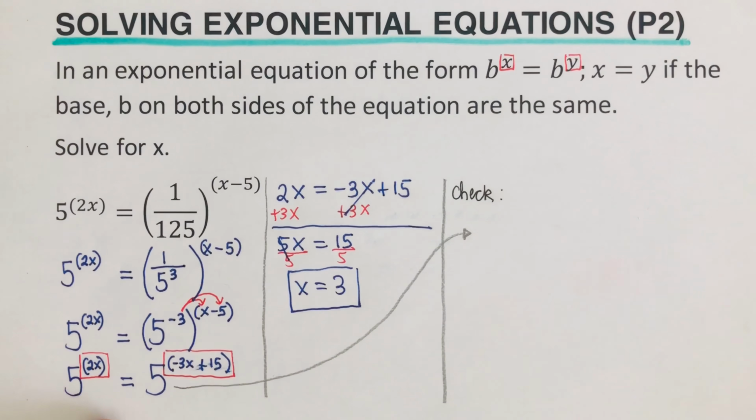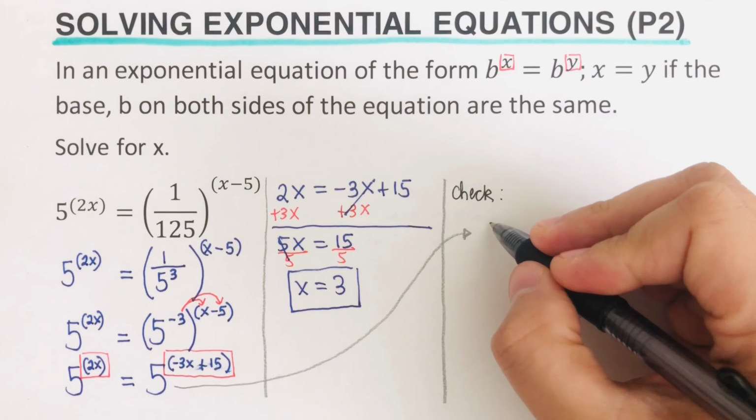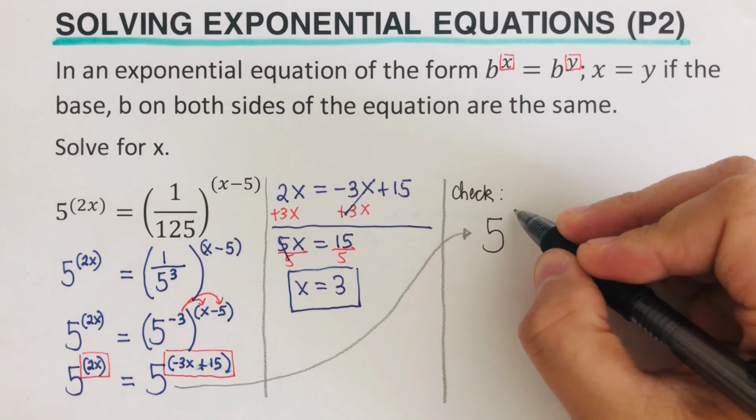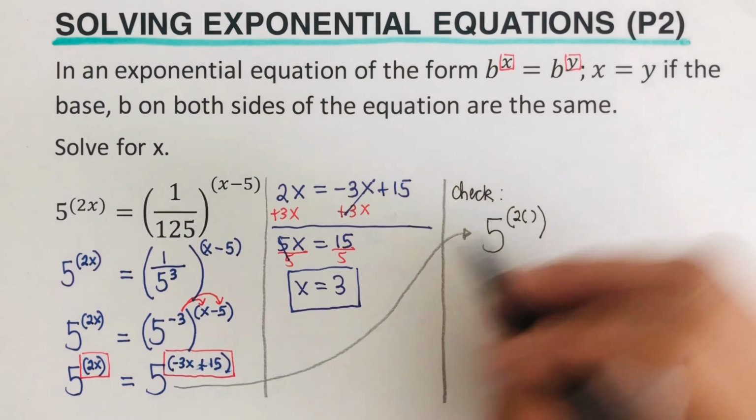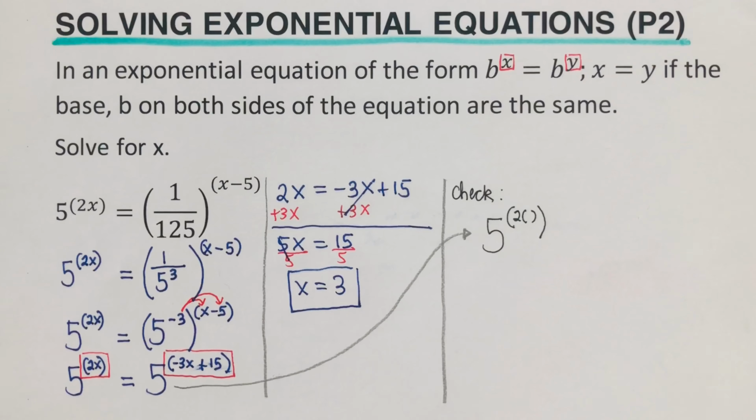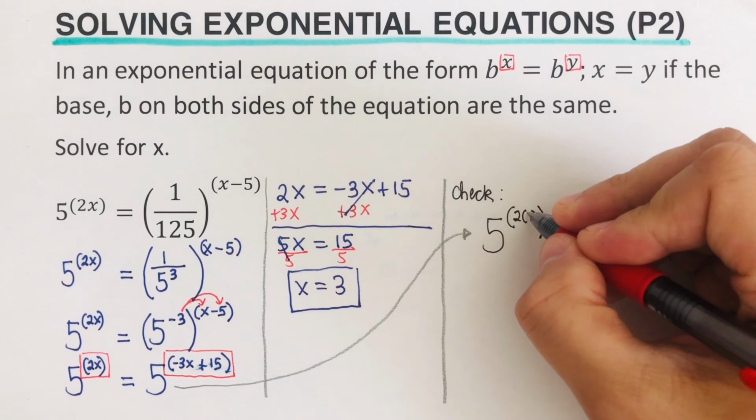So that would be 5 to the power 2x. So that's 5 to the power 2, and then again, our x was 3. So I'm just going to put 3 right here.